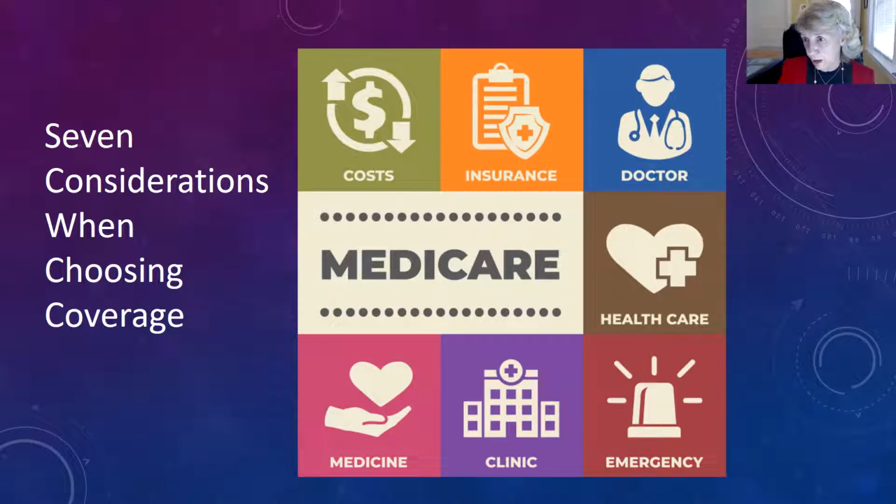That's a little bit more complicated. Your doctor in this instance usually doesn't matter, except if you get into the quantity limits or the step therapy or the prior authorization, because then he needs to know more about your prescription drug plan.